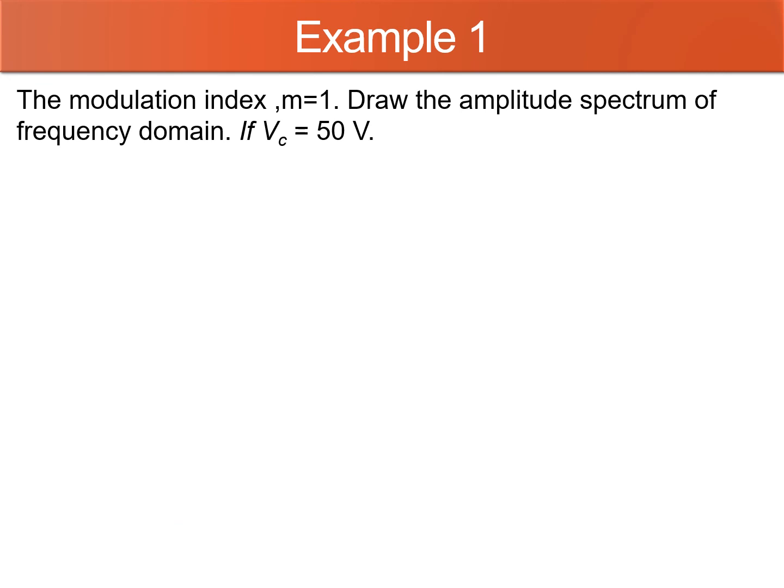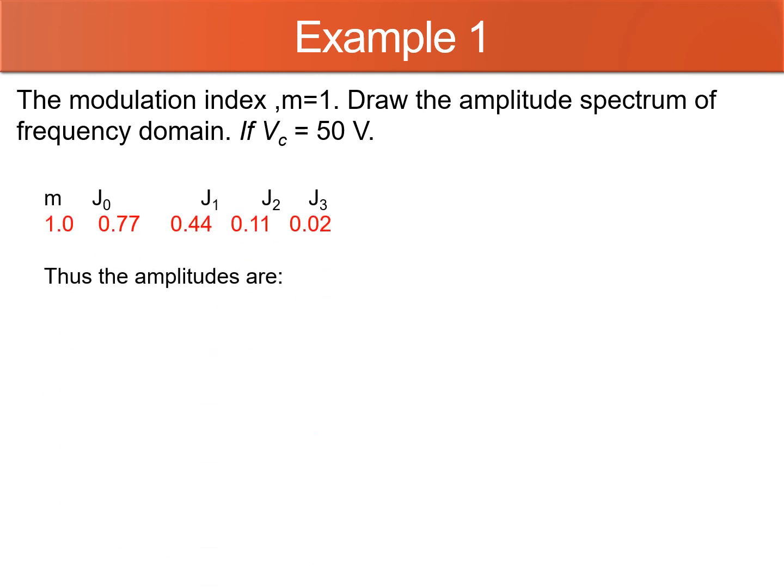So example 1, the modulation index M equals to 1. Draw the amplitude spectrum in frequency domain if Vc is equal to 50 volt. So here we take it from the Bessel table.